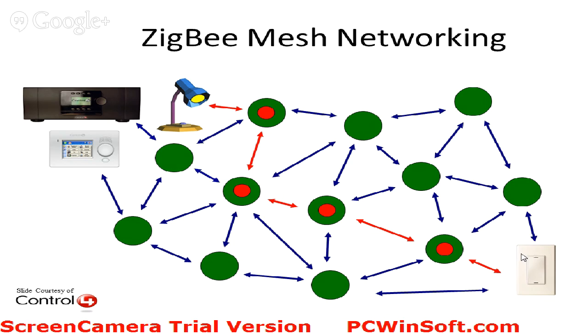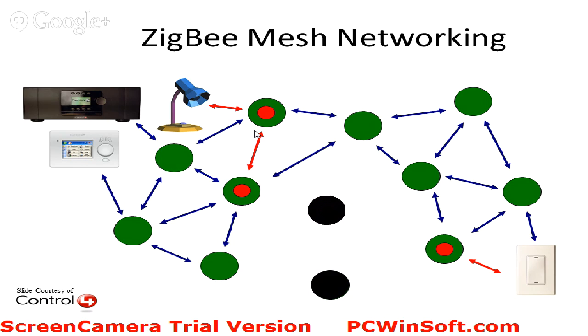Now suppose a particular node goes down. These two nodes have gone down. Now the route is disturbed. So in mesh networking, alternative routes can be established and then the communication takes place through these alternative routes. How this mechanism, binding and all those things happen, we will come to.